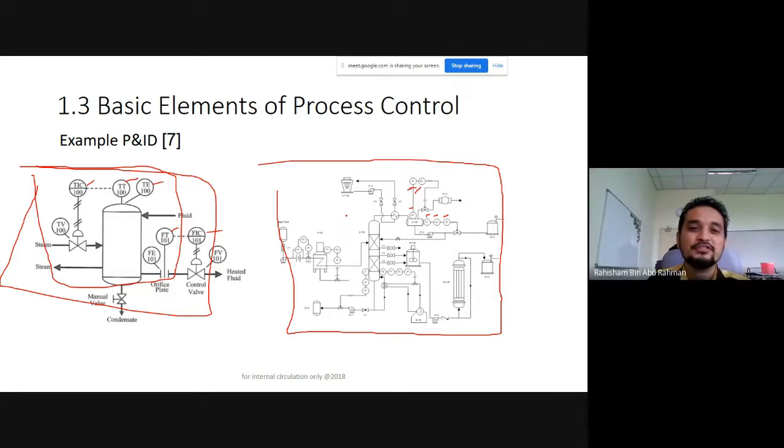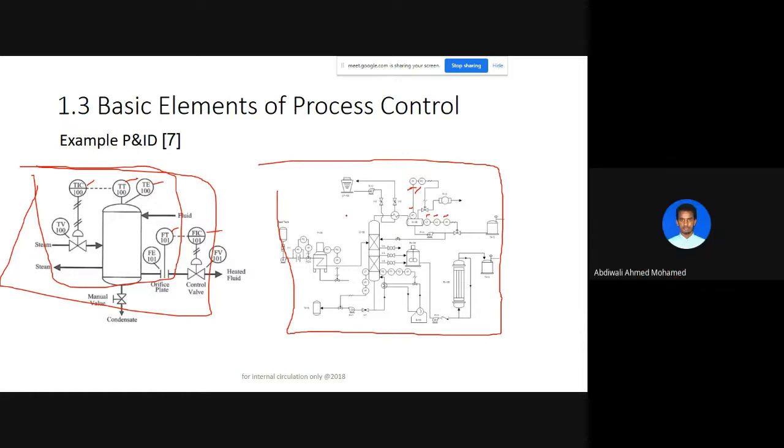Okay. What is instrumentation? What do you understand about instrumentation? I think this is the equipment that will be instrumented, some measurement.